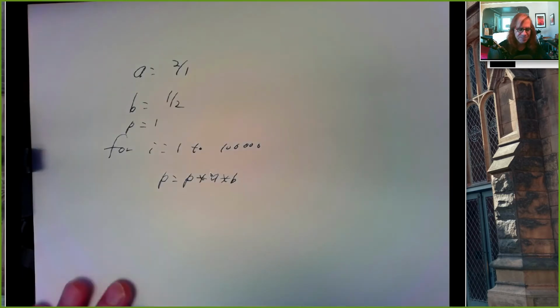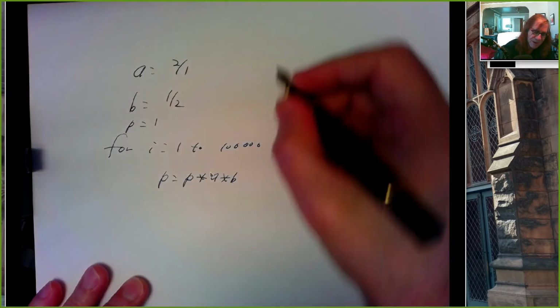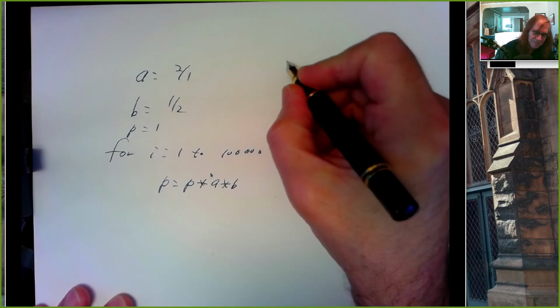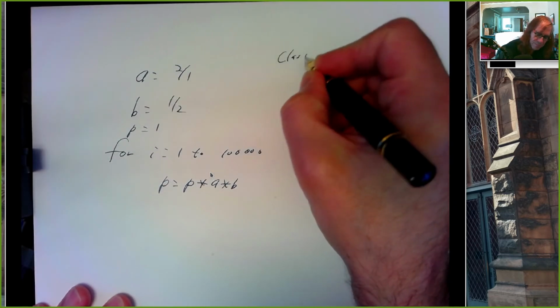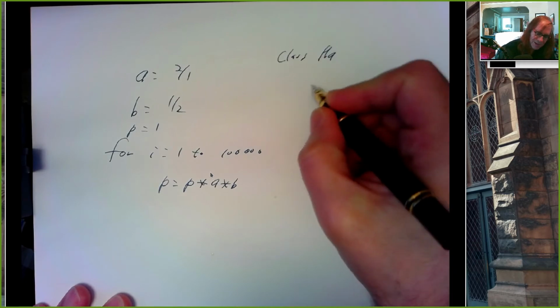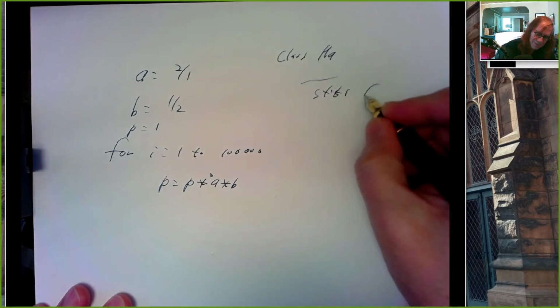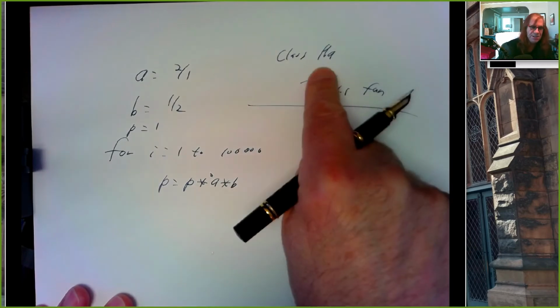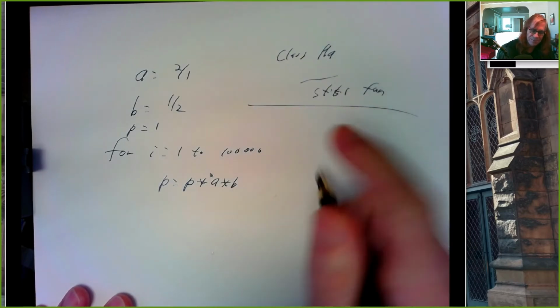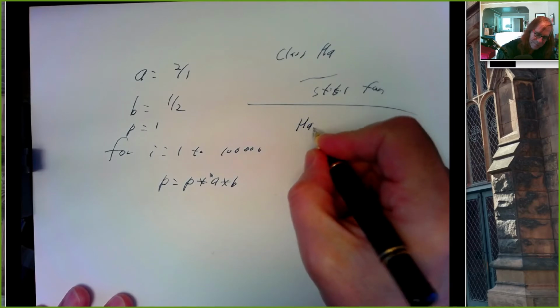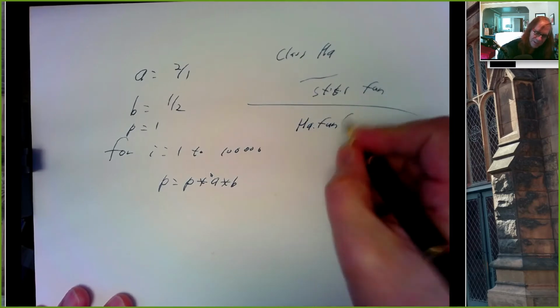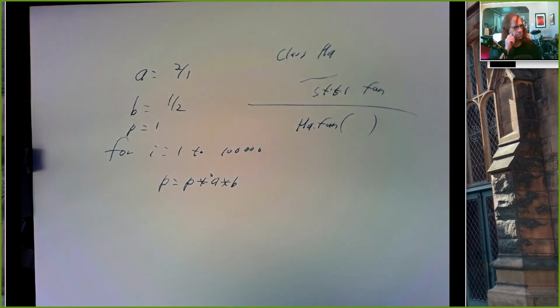Remember the idea from yesterday: if you have a static method inside some class, a class called ha, and it has a static function, I don't need an instance of that class to call my function. I can just say class name dot method name.